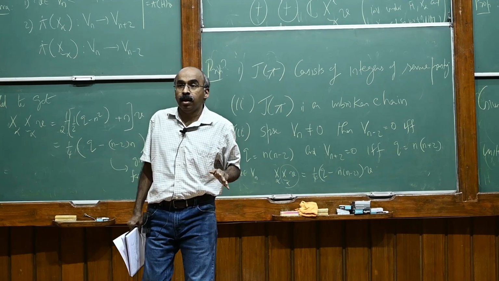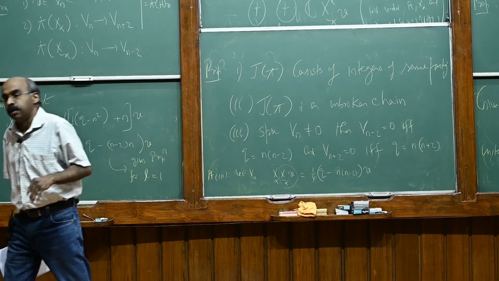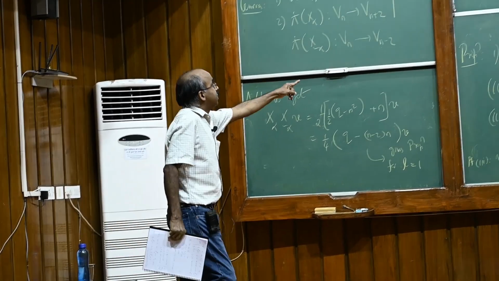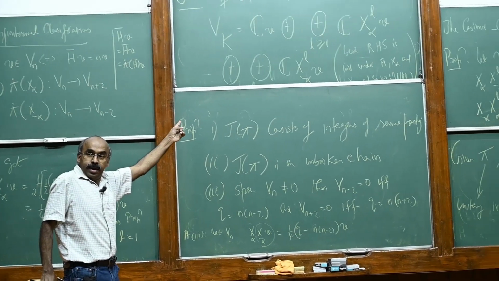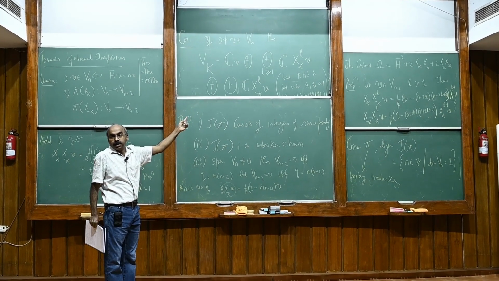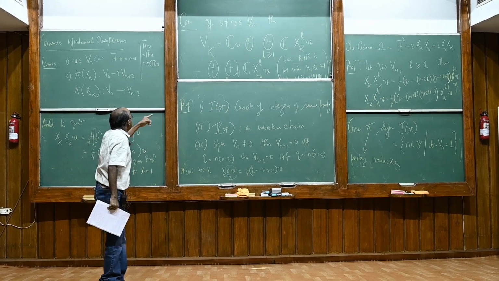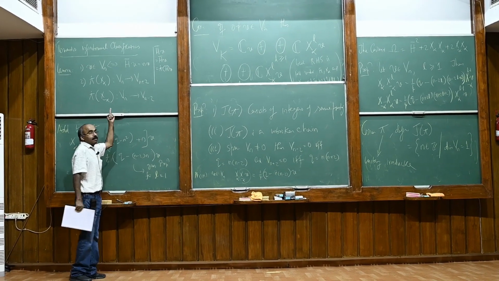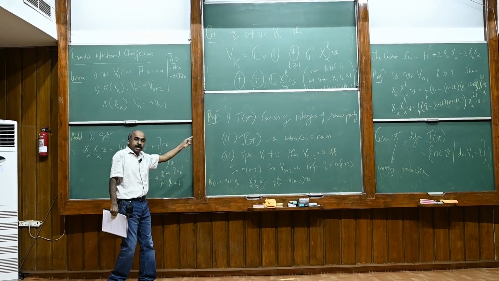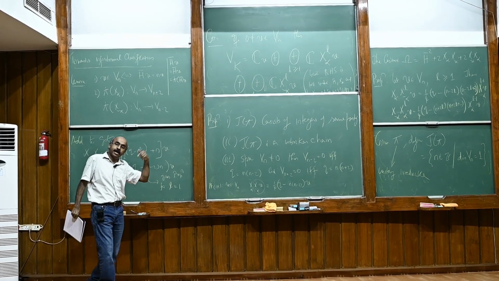But if Vn is non-zero, how are you saying Vn plus 1 is 0? Because it doesn't exist in the decomposition for V sub k, the k finite vectors. Because we apply x alpha, which will take Vn to Vn plus 2, and x minus alpha takes Vn to Vn minus 2.